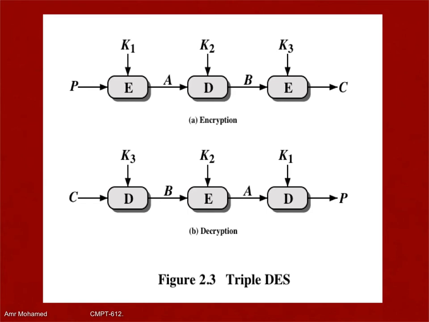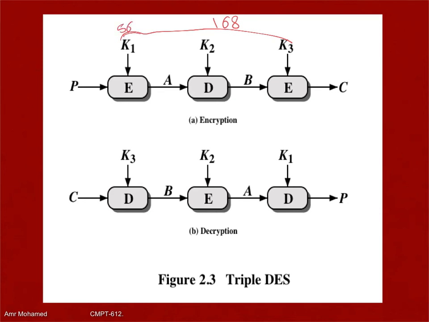So triple DES is nothing but repeating DES 3 times, and we apply the DES at 3 stages by doing key 1, key 2, key 3. So these 3 are 168 bits. So we divide the 168 into 3 parts.